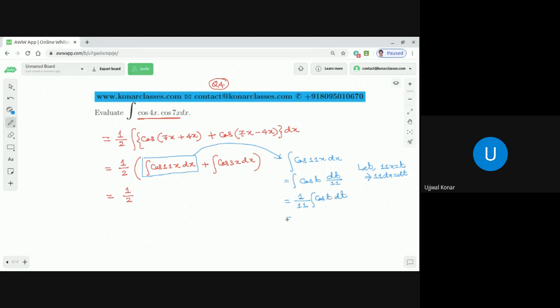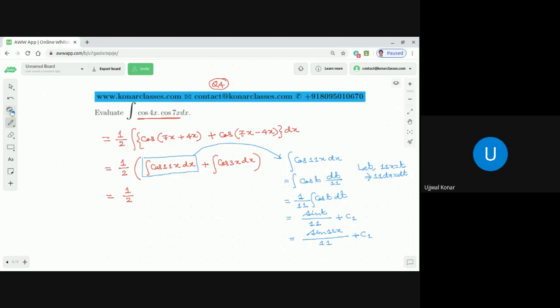Now what is the integration of cos t? It is sin t. So it is sin t by 11 plus an integrating constant, suppose c1. Now as I said in the last class, you need to revert back the value of t. So that is sin of 11x divided by 11 plus c1. Correct or not?